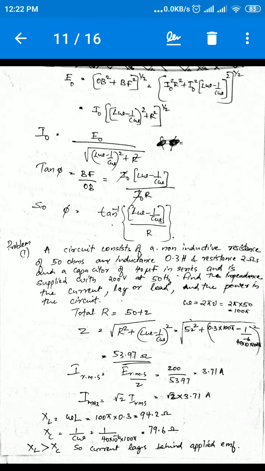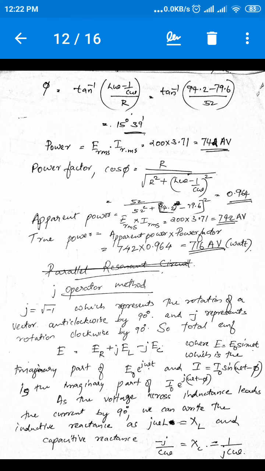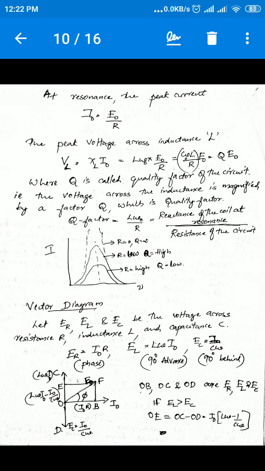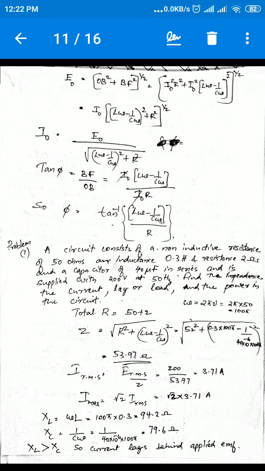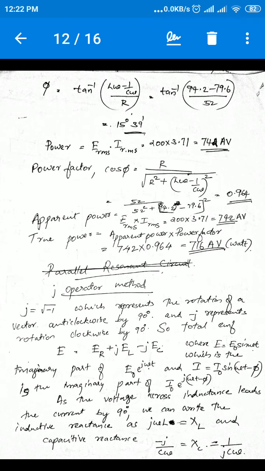Cos phi is I0R by the square root of R square plus L omega minus 1 by C omega whole square. The hypotenuse is I0 times the square root of R square plus L omega minus 1 by C omega whole square. So that is hypotenuse. So that I0 will get cancelled there.